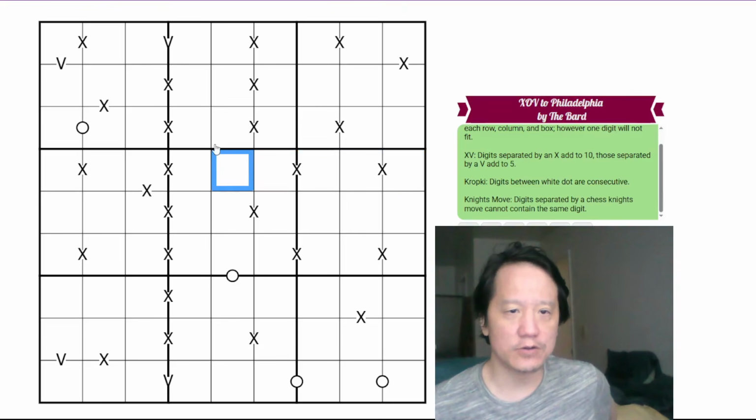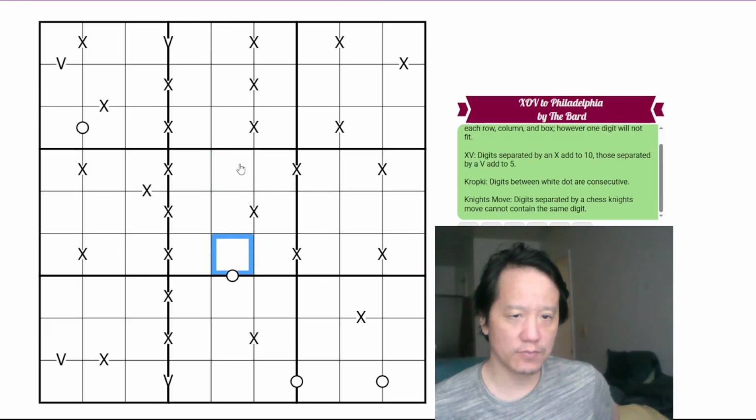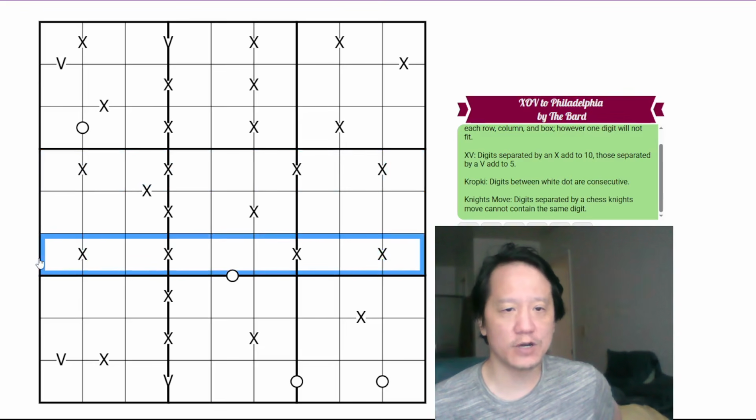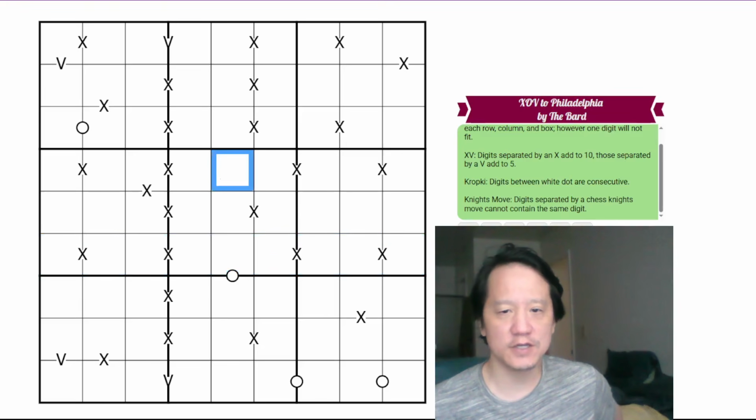So, where are those in every row and box? Well, in row 4 and row 6, we have 4 X's. So these have to be 0 or 5 as a pair.